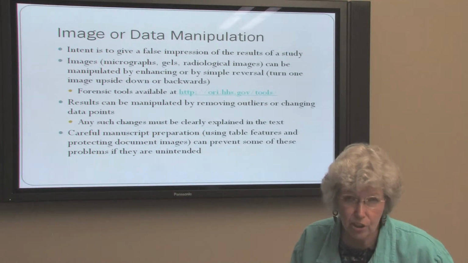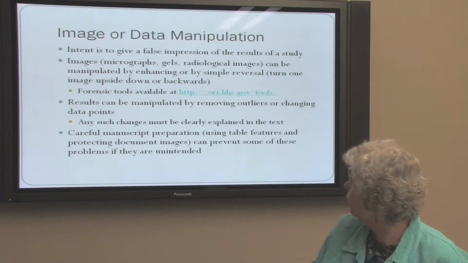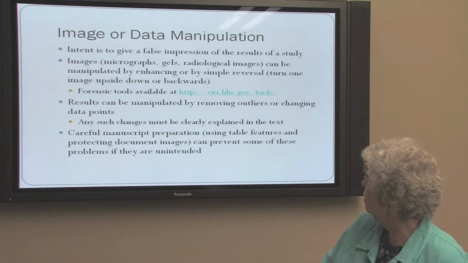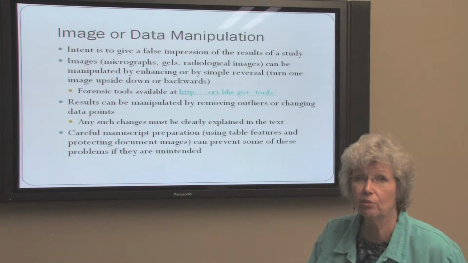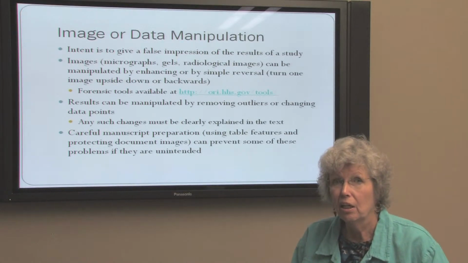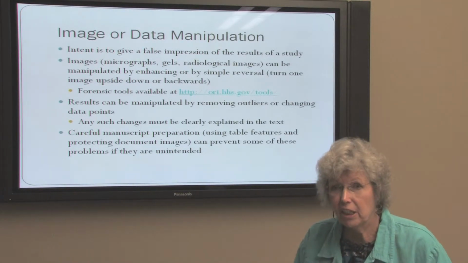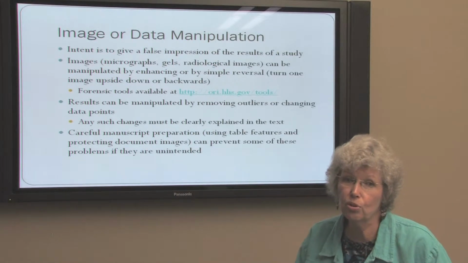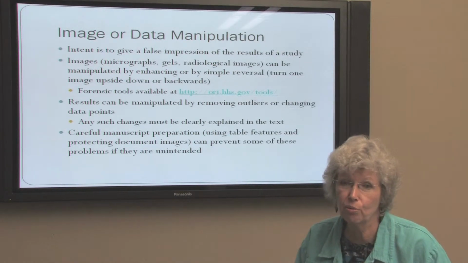There are some forensic tools, and this is fairly new at the ORI, the Office of Research Integrity. Basically, we know that this is happening, and the tools, at least at first, were really not there.